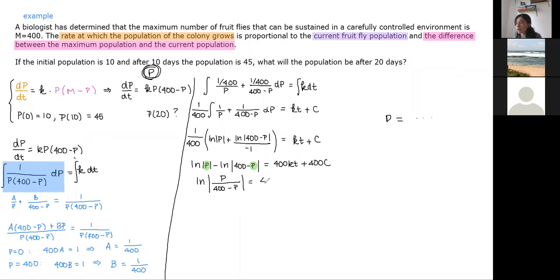logarithm. And on the right-hand side, I'm going to keep writing this as 400k times t because I haven't done anything to the right-hand side. Okay, so I have now written this as a single function inside a logarithm, and the whole point of this is to use the same type of thing that we've been using since the beginning of this section, which is the fact that if I put a logarithm on the exponent of the number e, I get rid of the logarithm.